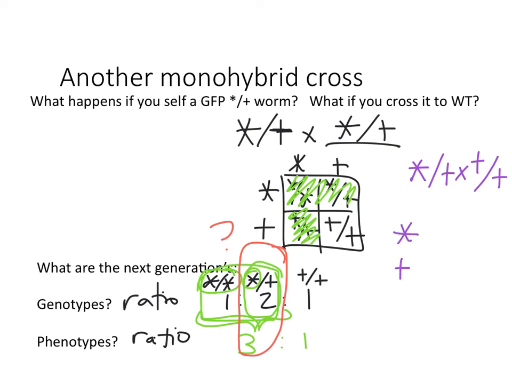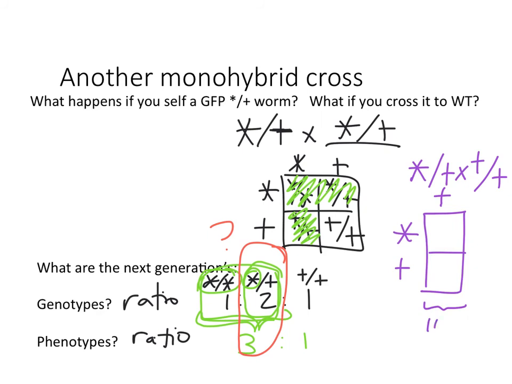Here's one axis. That's the heterozygote parent's gametes. 50% are going to be asterisk, 50% are going to be plus. What am I going to write on the top for the wild-type parent's gametes? Plus. Why would I bother writing the other plus when it's no different from this plus?